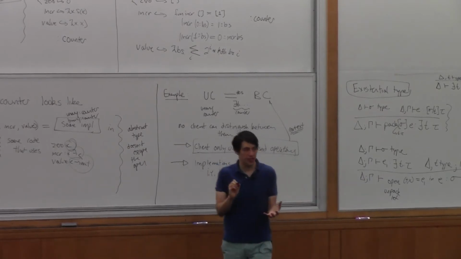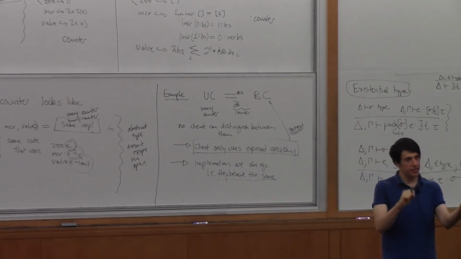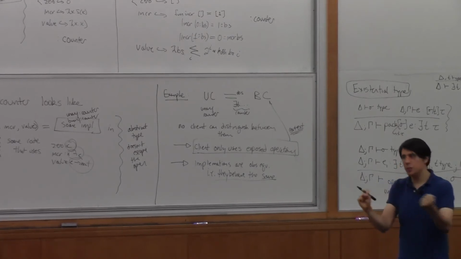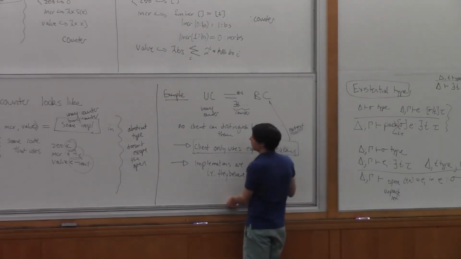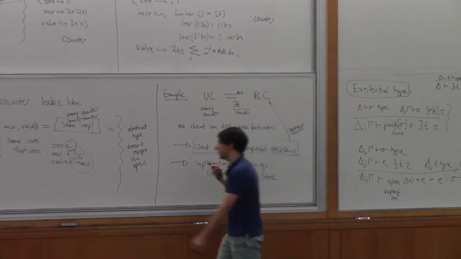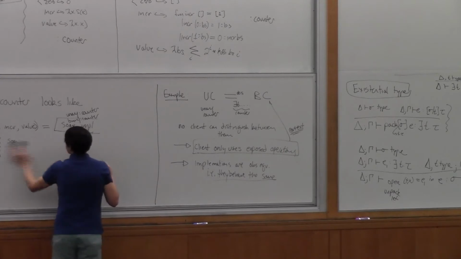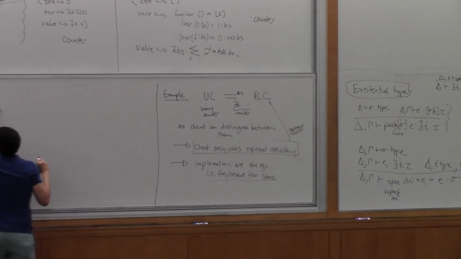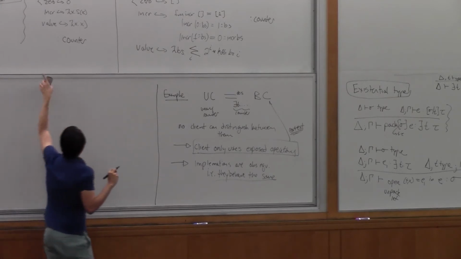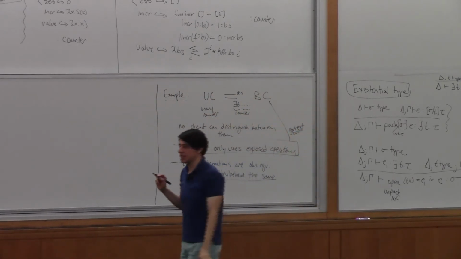Okay, so somehow we want to argue point two, my one implementation does the same thing as my other implementation. And because of that, any client, which is a context accepting one implementation or the other, behaves the same on the two values. Okay, so what does it mean for that module implementation to behave the same as that module implementation?